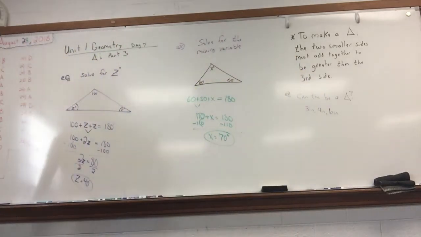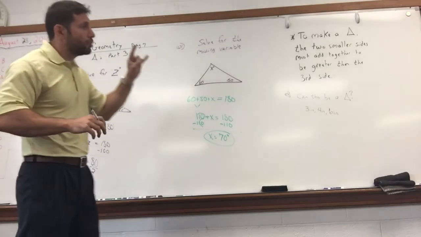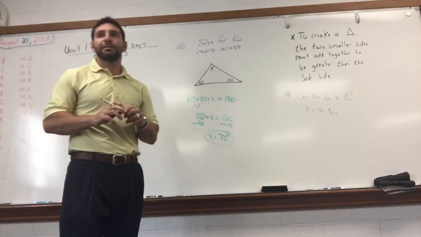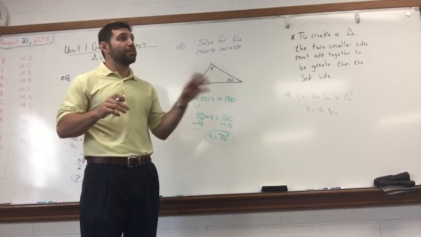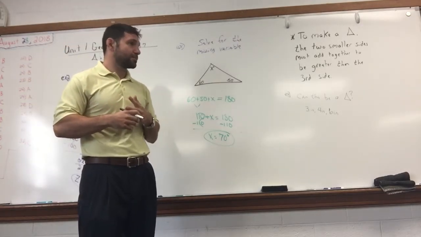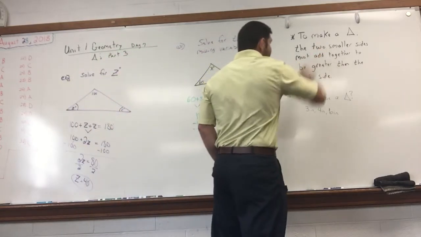With side lengths 3 inches, 4 inches, and 6 inches, can that be a triangle? To see if it's a triangle, we find the two smaller sides. What are going to be my two smaller sides, Maddie? 3 and 4. Okay.